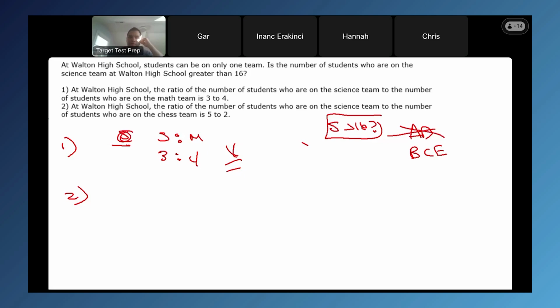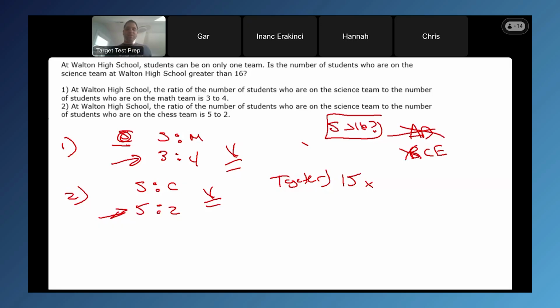Statement 2: the ratio of the number of students who are on the science team to the number of students who are on the chess team is 5 to 2. Again, not enough information, right? However, if we look together, we can determine that the minimum science has to be 15 or some multiple of 15.